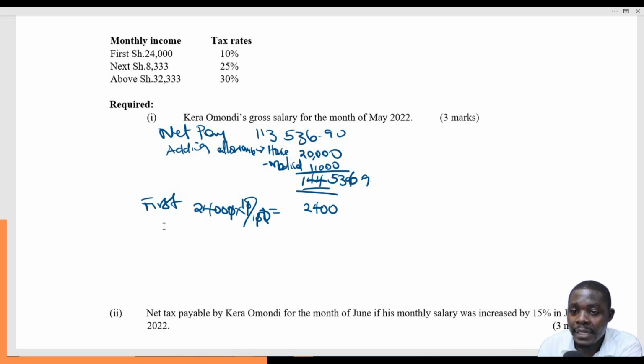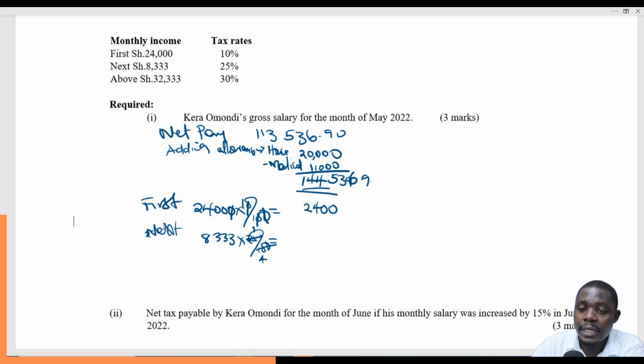The next, remember, we have the amount of 8,333. We are multiplying by 25 over 100. 25 here, 1, 25 there, 4.